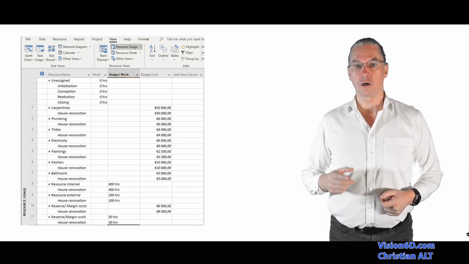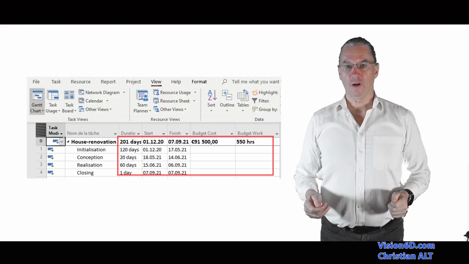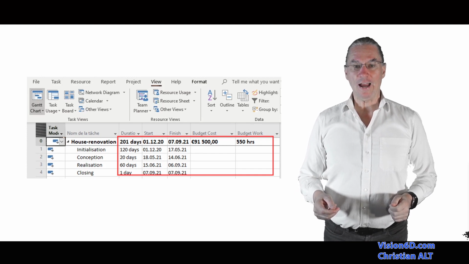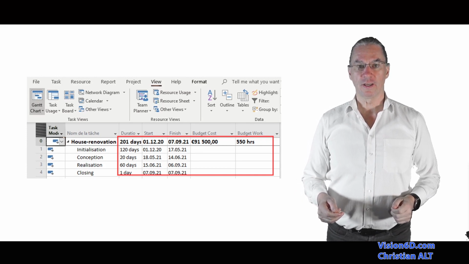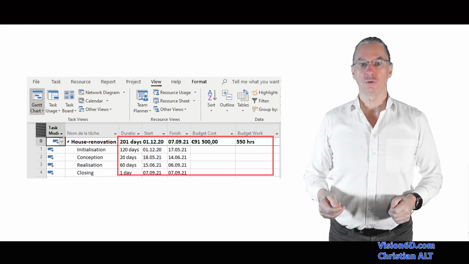Those reserves are plus or minus 10%. Now, if I look at the globality of the project, I see that the total cost has now come to 91,500 euros and that the work hours are now moving to 550 hours.